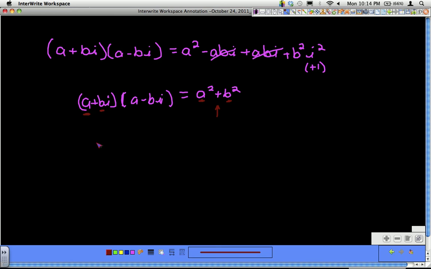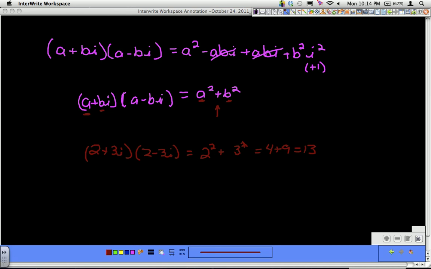So if we did a shortcut here, 2 plus 3i and 2 minus 3i, the shortcut says take 2 and square it, take 3 and square it, add them together. In this case we would get 4 plus 9, or 13. Notice the i's disappeared, which is the same as having a radical disappear. So we're going to take that and throw it into our division problem and show you how this simplifies, or basically rationalizes, the bottom of the fraction.